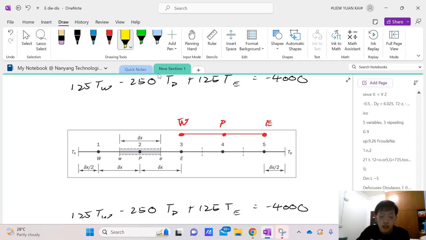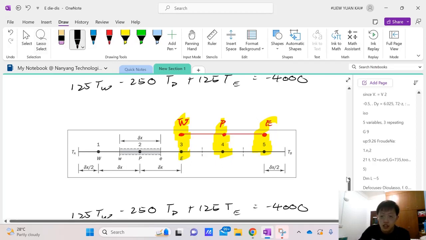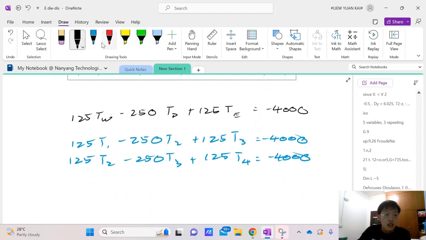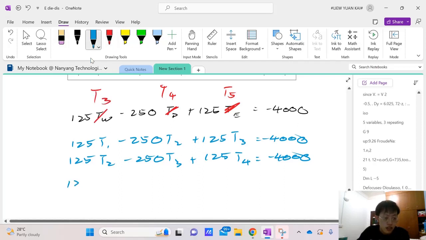So now P is 4, east is 5, west is 3. So east is T5, P is T4, and west is T3. Then you'll generate this equation, 125 T3 minus 250 T4 plus 125 T5.